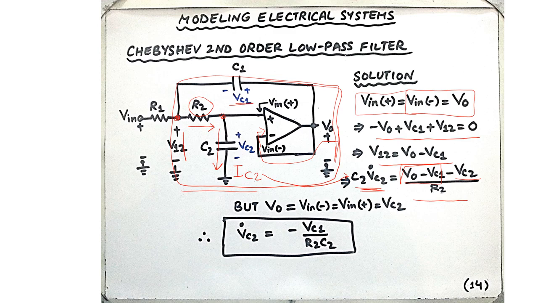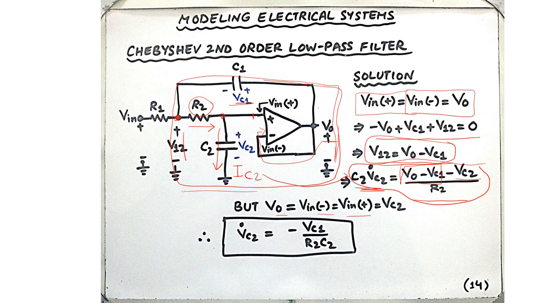Now we have the two equations, this one and the other equation that we have used already, by the way, that's V12 equals V0 minus Vc1. But the important thing to note is that V0, as we saw, is the same as Vin minus, which is the same as Vin positive. And Vin positive, what is the voltage over here?